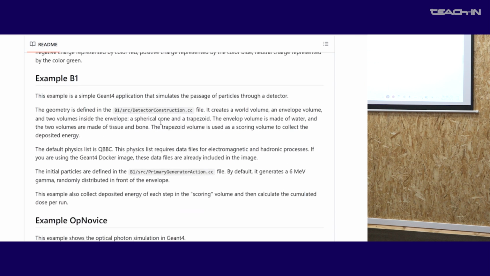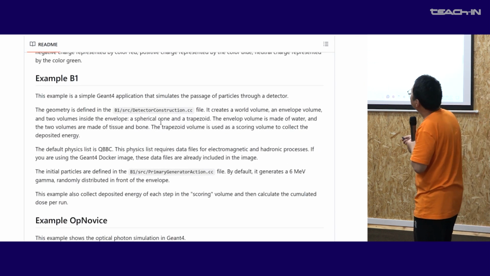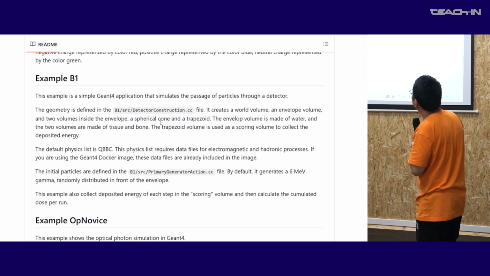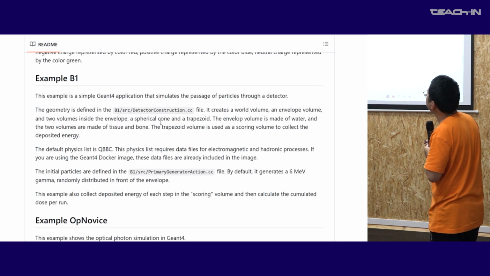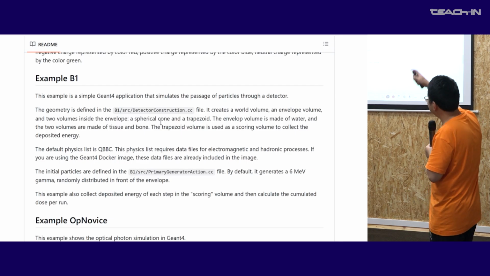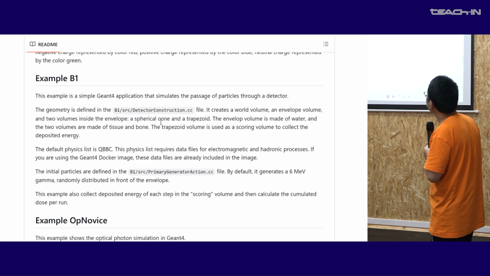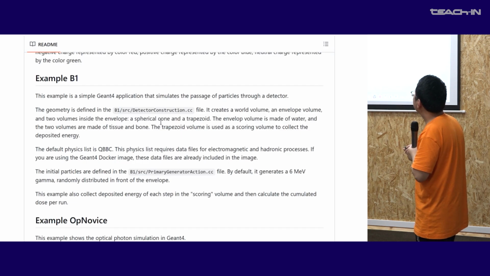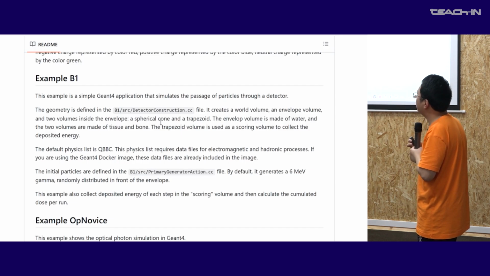One thing about this example is that it has a very simple geometry. If you look at the example, there are only two volumes inside this detector. So this is a very good example.